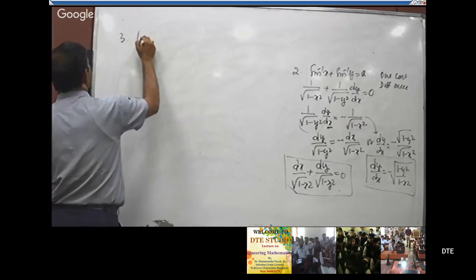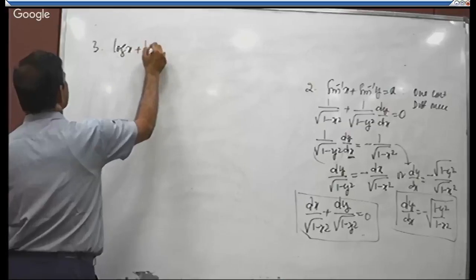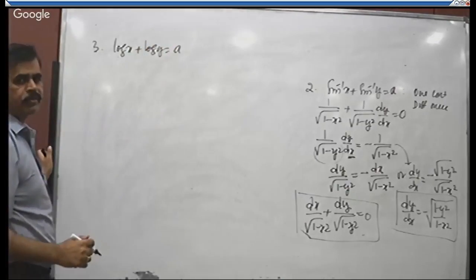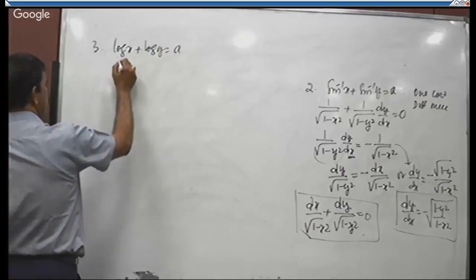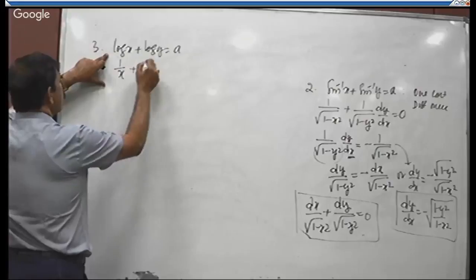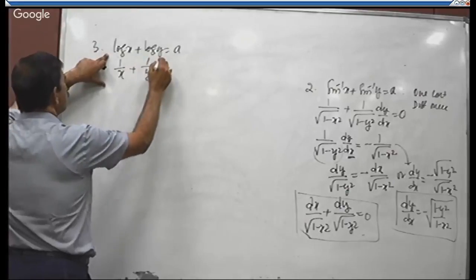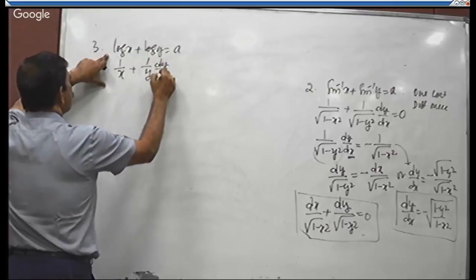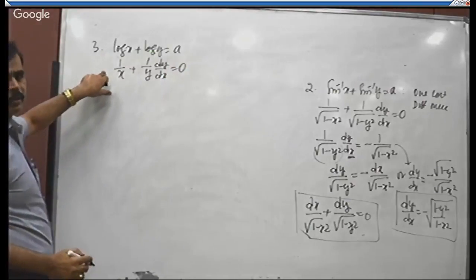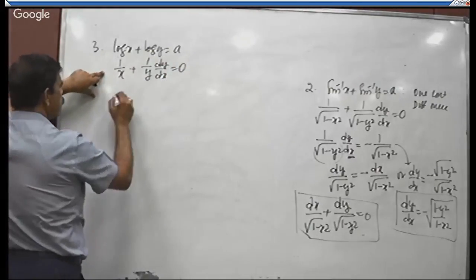Third one, log x plus log y is equal to a. Differentiation of log x is 1 by x. For differentiation of log y, 1 by y into dy by dx is equal to 0. See, constant is eliminated. So this will be the differential equation.